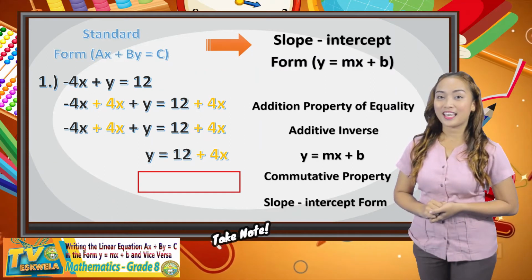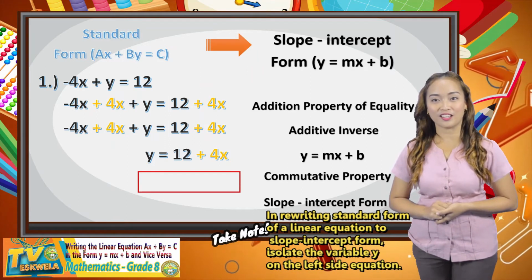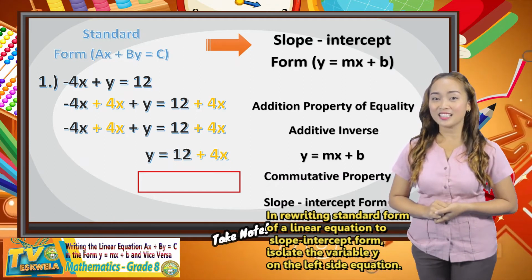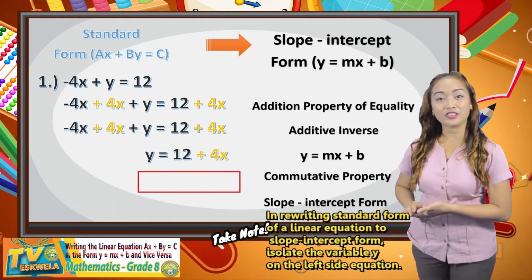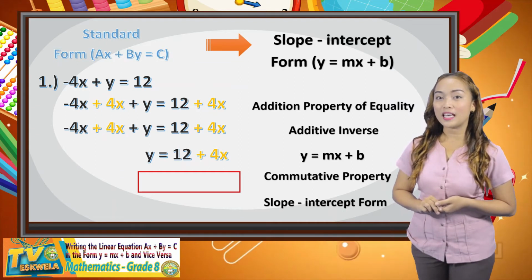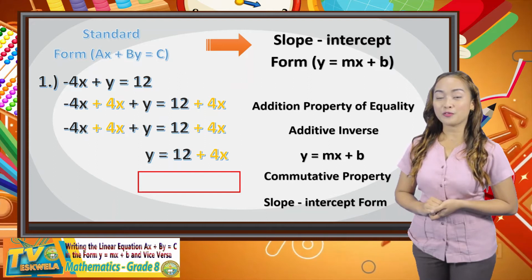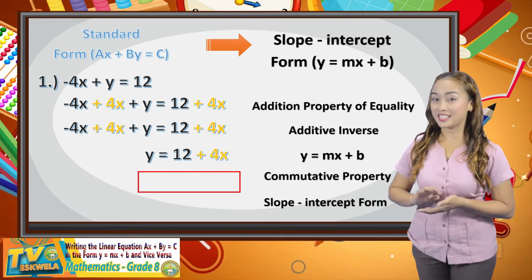Take note. In rewriting the standard form of a linear equation to slope-intercept form, let us isolate the variable y on the left side of the equation, since it is isolated in the slope-intercept form. So, our first goal is to leave y alone on the left side.